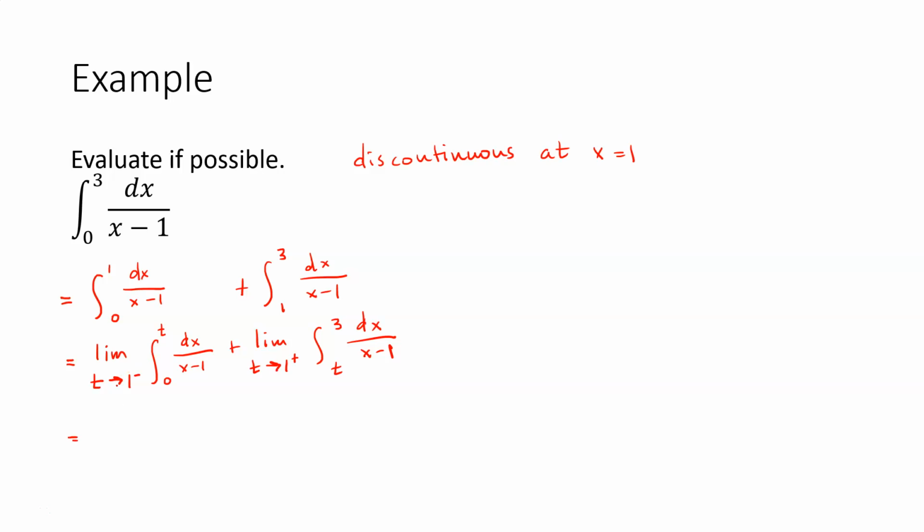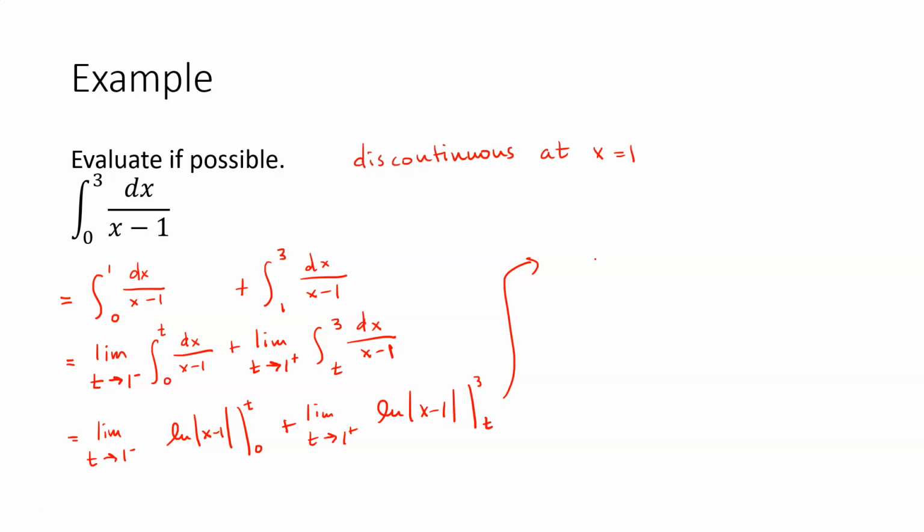So this integral will be ln of the absolute value of x minus 1, evaluated from 0 to t. This one will be the same antiderivative, ln of the absolute value of x minus 1, evaluated from t to 3. So let's see what we get.